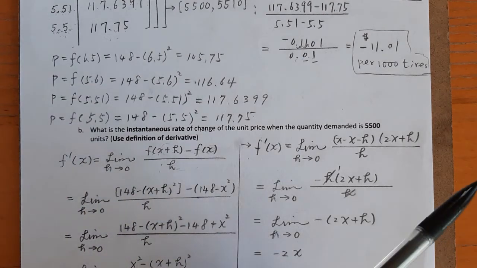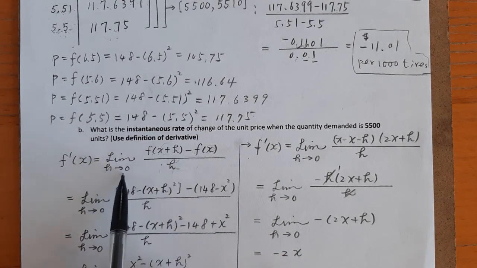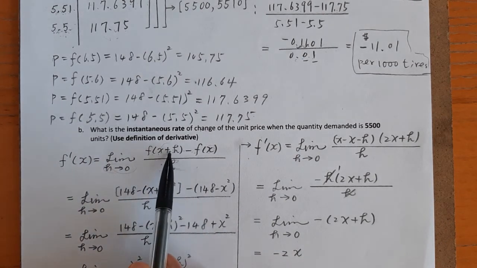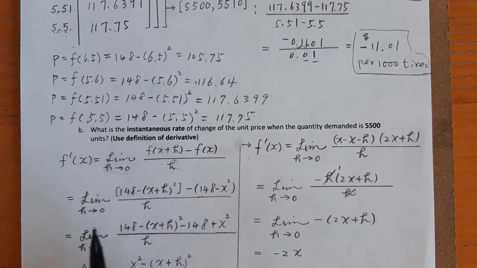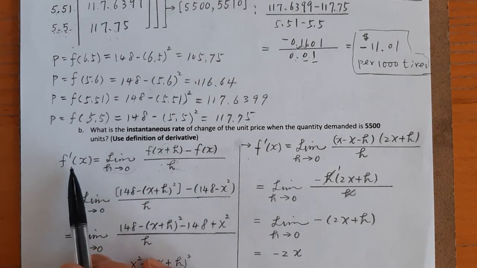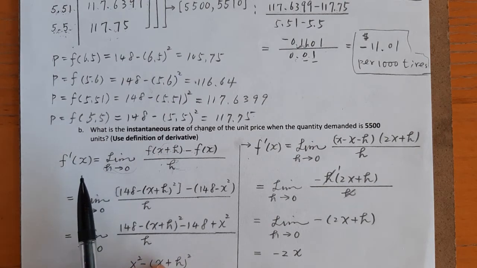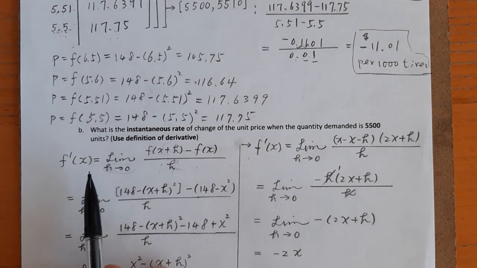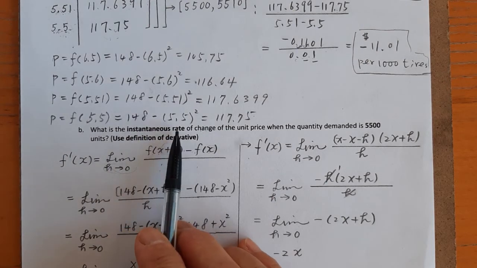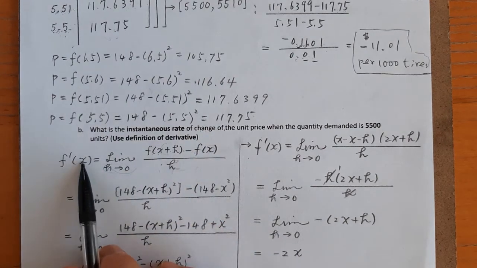When the two points get closer to each other, that means h approaches 0. Then this gets closer to x. At x, the slope becomes a tangent line because it touches the graph at one point. We call it the slope of the tangent line, and we call it the instantaneous rate of change at point x.